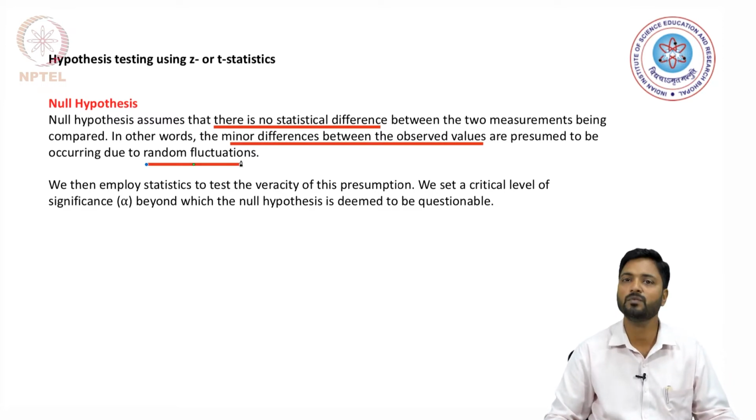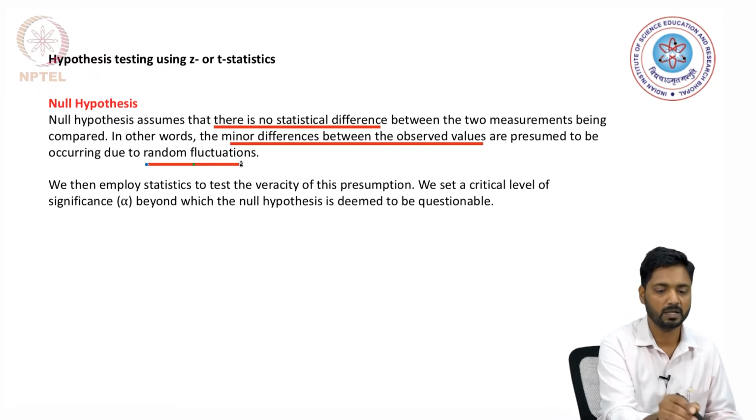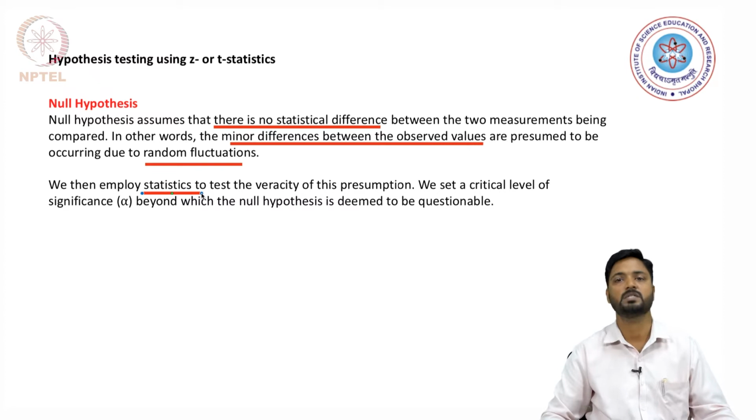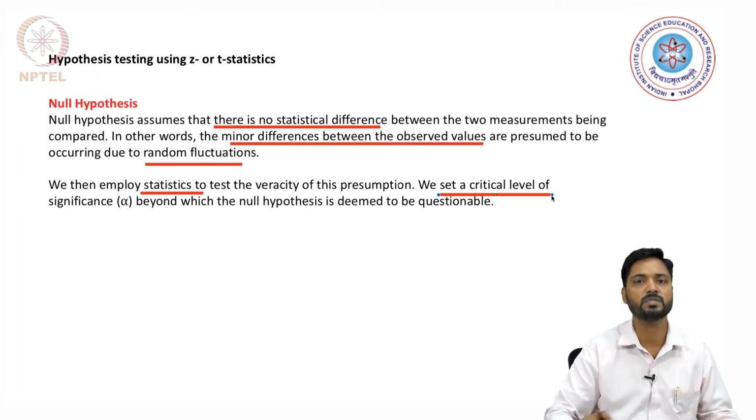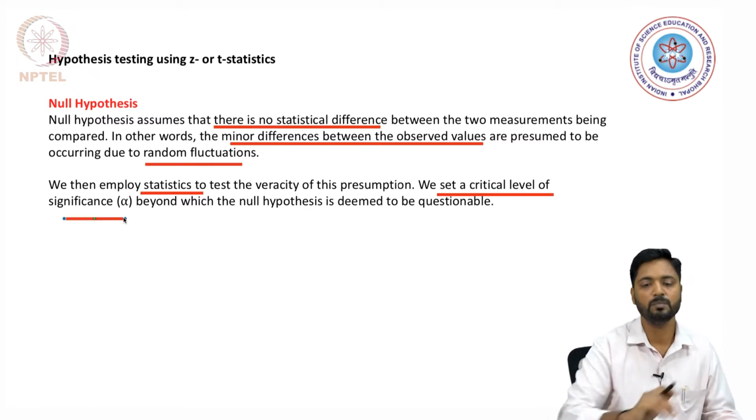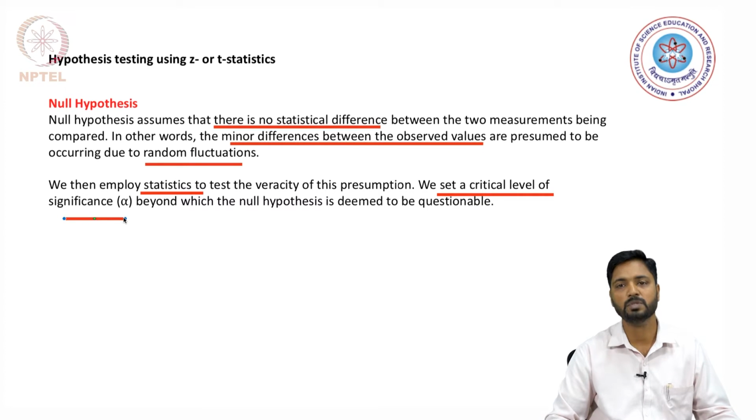This presumption of null hypothesis is then tested using statistical tools such as the Z-test and the T-test, and we set a critical level of significance alpha beyond which the null hypothesis is presumed to be questionable and cannot be relied upon.